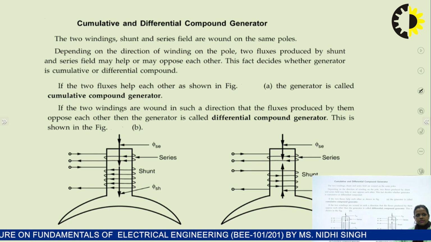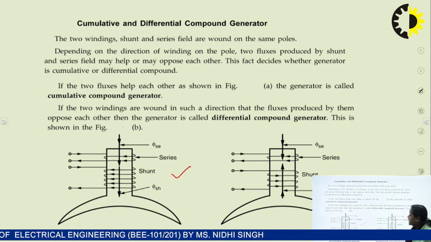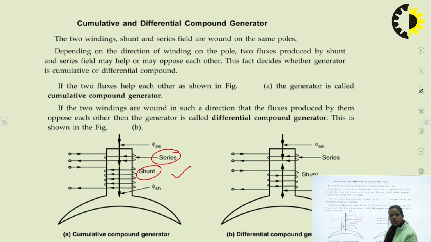If the two fluxes help each other, like you can see in this first figure, the current direction in both the windings, series and shunt, is the same. So the flux produced by both the windings will be in the same direction. If you hold this winding with the fingers in the direction of current, the thumb gives you the direction of the flux, right?